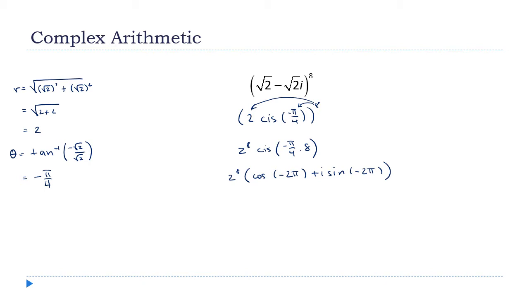Cosine of negative 2 pi is 1. Sine of negative 2 pi is 0. 2 to the 8th is, let's see, 2 to the 6th is 64, so this is 256. 1 plus 0i, this whole thing is just 256. And there you go, that's my answer, without all the pain of trying to multiply this out.